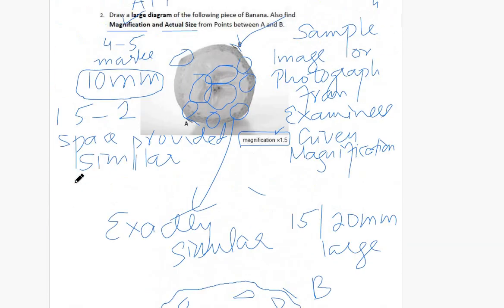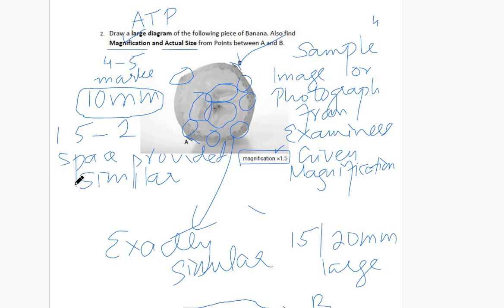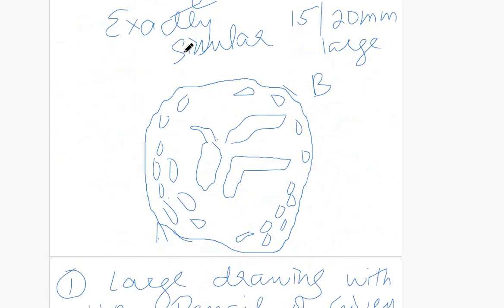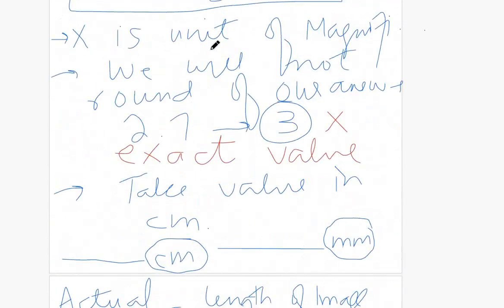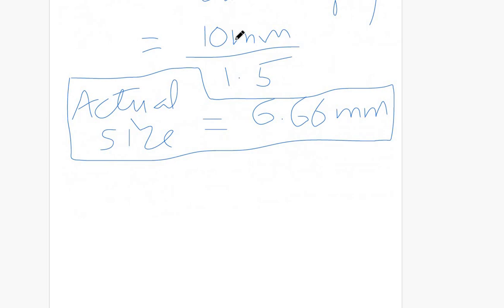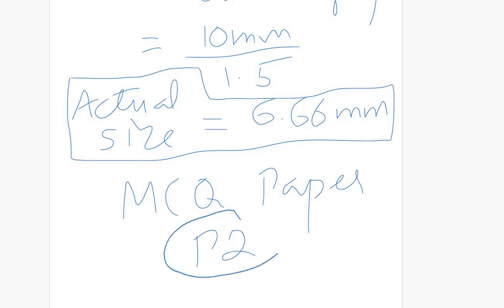The magnification question is specific to ATP, but the actual size question also comes in the MCQ paper, in paper 2. The examiner gives some diagram and the given magnification.